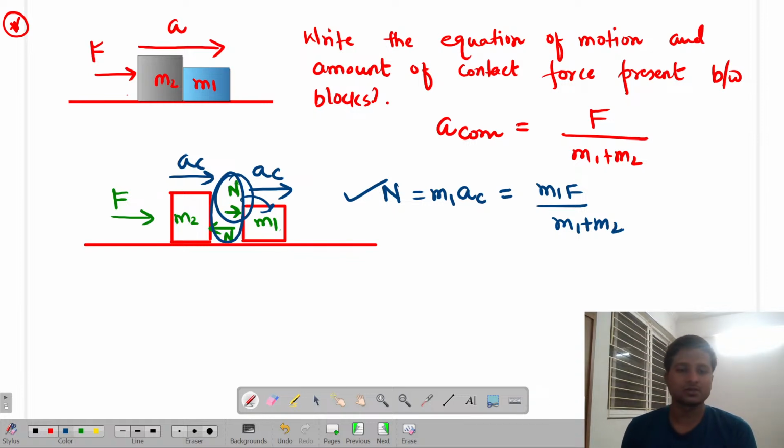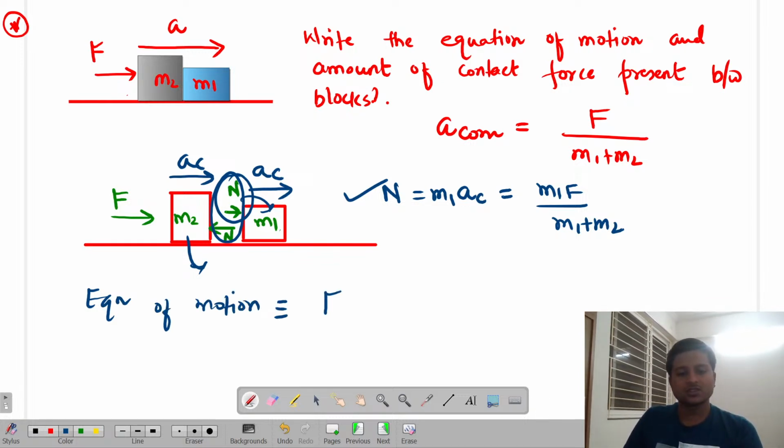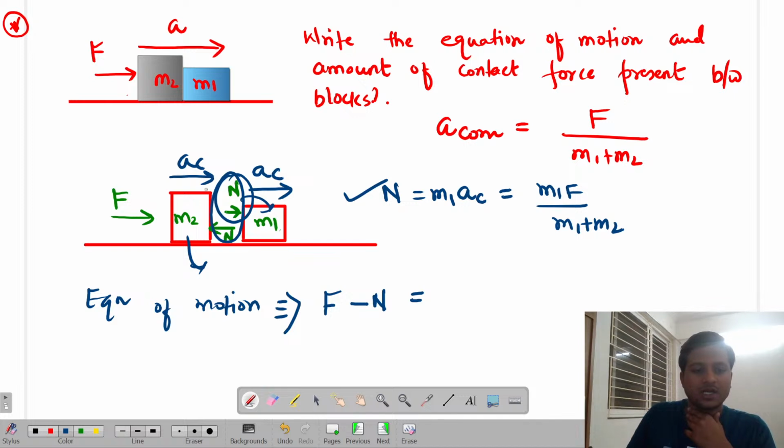Is this clear? Now, if I try to think of M2, what can be the equation? We'll write the equation of motion. Look over there. This F is trying to push the body M2, isn't it? But which force opposes the motion? Correct, N is trying to oppose. So the pushing force minus the opposing force is equal to my mass M2 and its common acceleration AC.